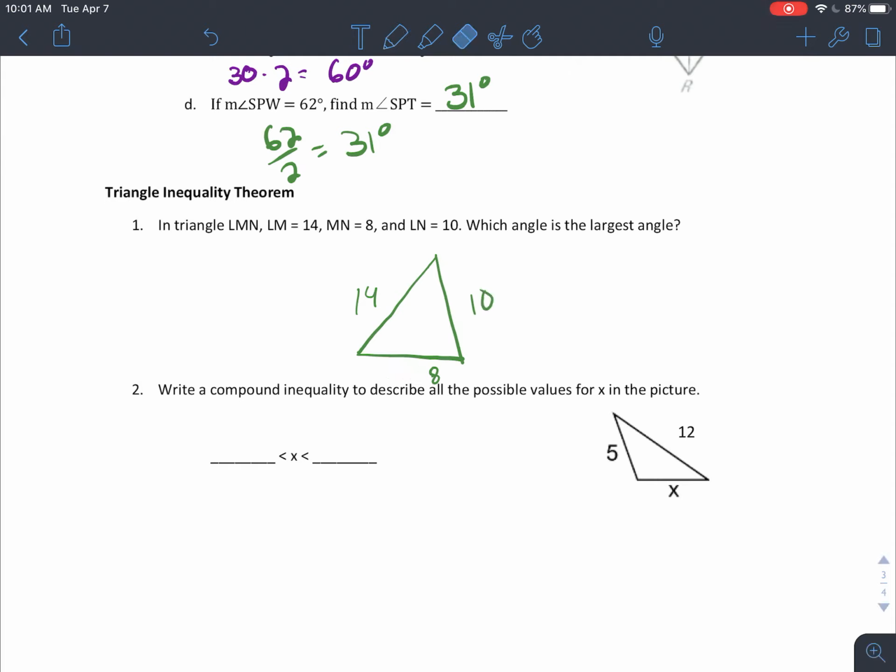So then let's draw the markings for this. So we'll say L has to be here. L to M is 14, M to N is 8, and LN is 10.